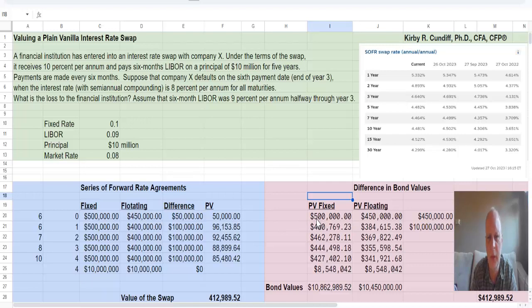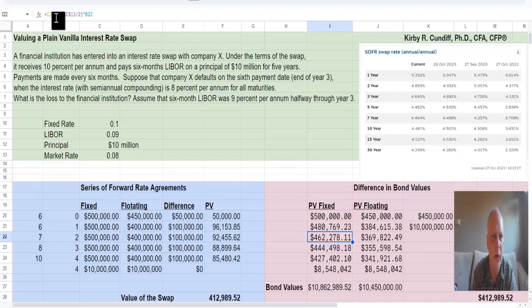So the first payment being defaulted on is $500,000. The second payment being defaulted on is the $500,000 divided by 1 plus our interest rate, which is this divided by 2, or 4%, to B21 for 1 6-month time period, or 480. And the next one will be over 2 6-month time periods.